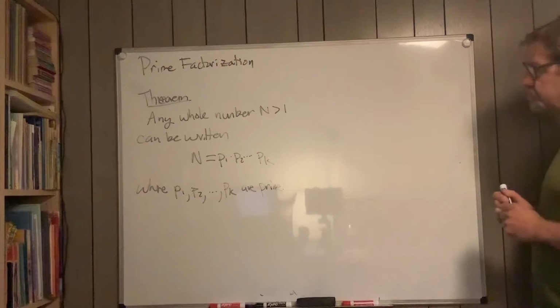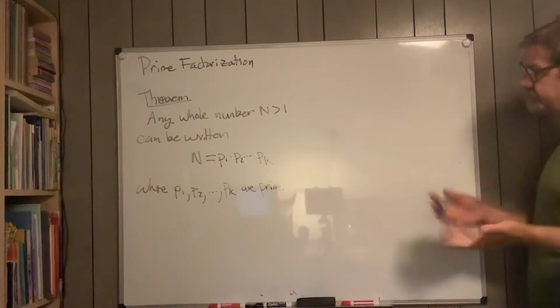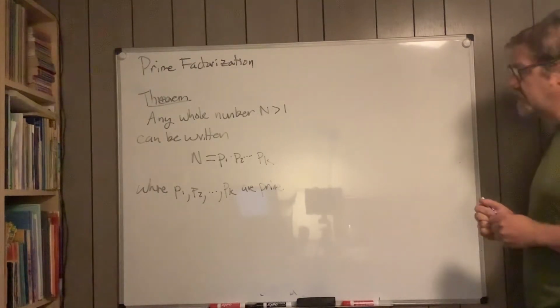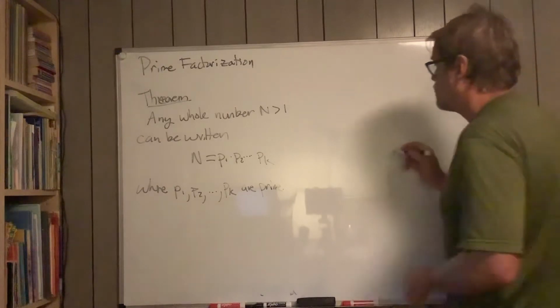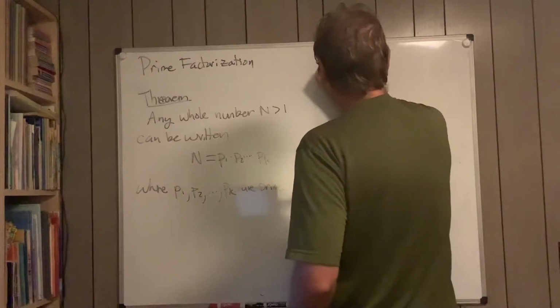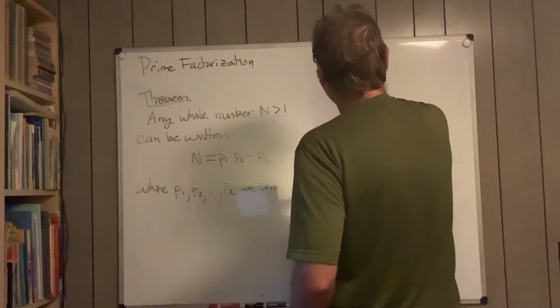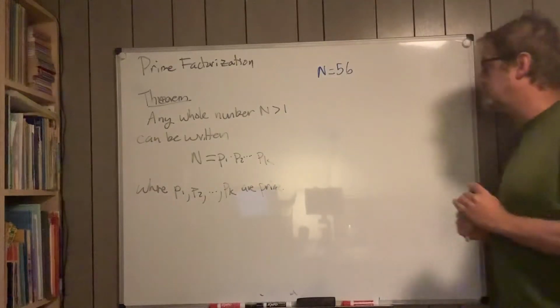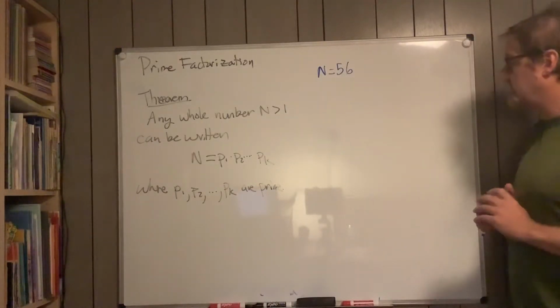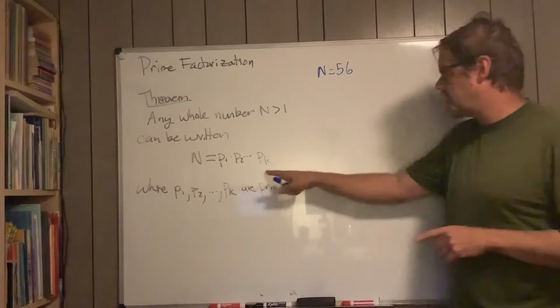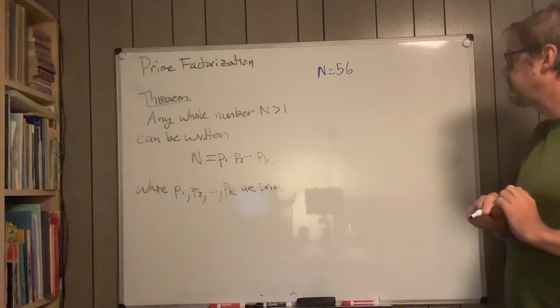So what is really powerful about this is we can take any number. Let me say n is, say, 56 to start with. And what we want to do is figure out all the primes in it.